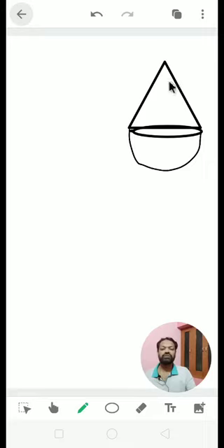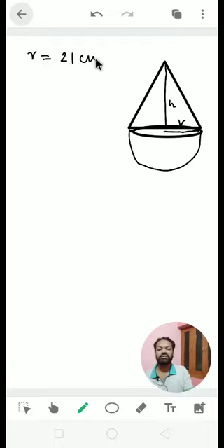So this is the toy, which is the combination of a cone and a hemisphere. This is the radius of the cone as well as the hemisphere, and we have to find the height, that is h. Here it is r. The value of r is already given, and this is 21 centimeters as per the question.